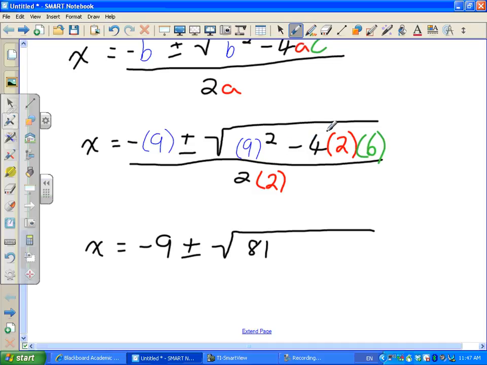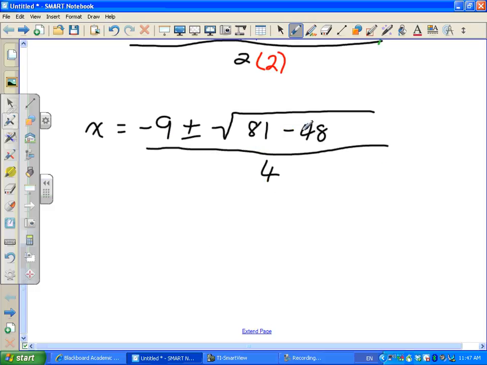So think of it as negative 4 times 2 times 6. What is it? 8 times 6? Yeah, negative 48. So it ends up being written as 81 subtract 48. And it's all above what? 4. Good. So we've already made our first step.